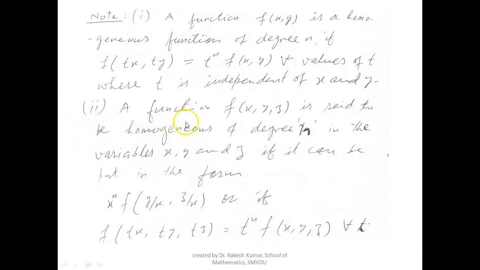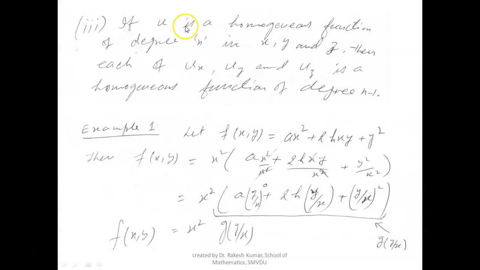Second, a function f(x, y, z) is said to be homogeneous of degree n in the variables x, y and z if it can be put in the form x raised to power n f(y/x, z/x), or if f(tx, ty, tz) can be written as t raised to power n f(x, y, z) for all t.